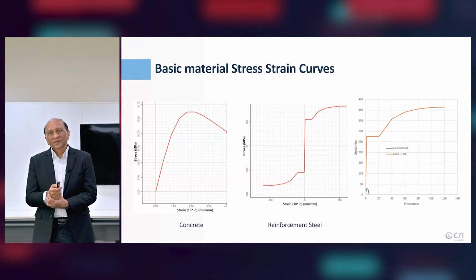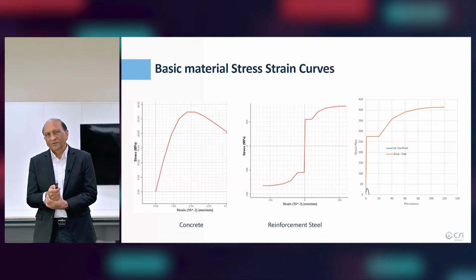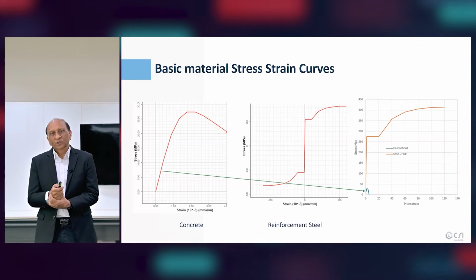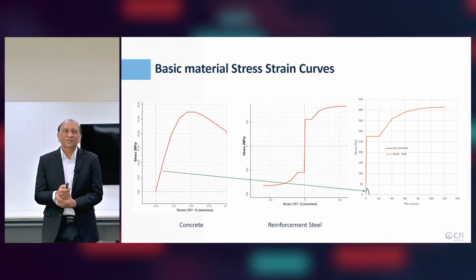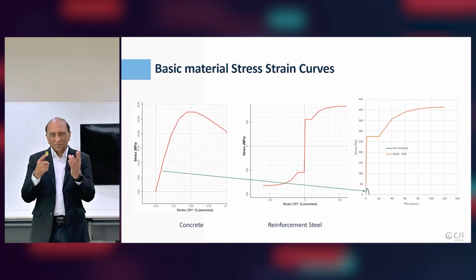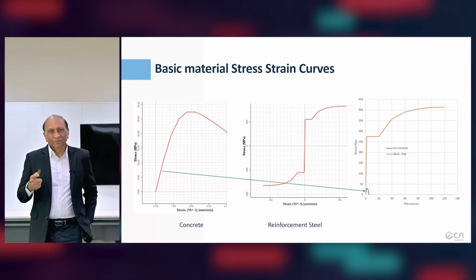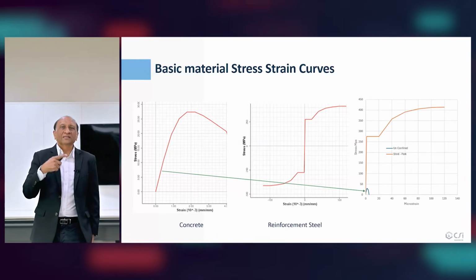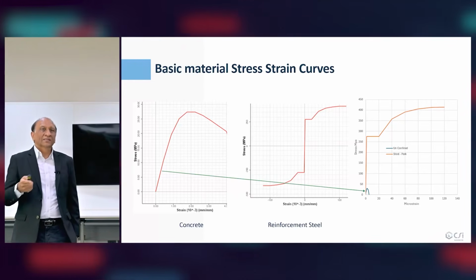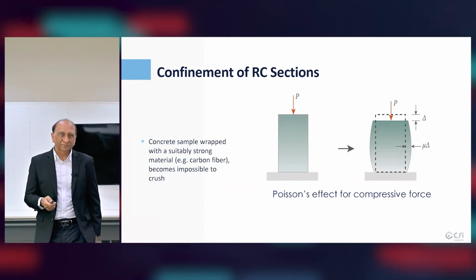But if you put the concrete on the same scale as steel, you will see that concrete is a very small component in the stress strain diagram. It seems so small compared to steel that it is almost invisible. But because of the large area of concrete, this becomes significant.